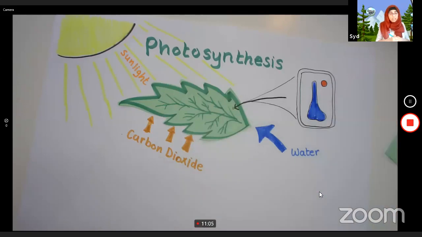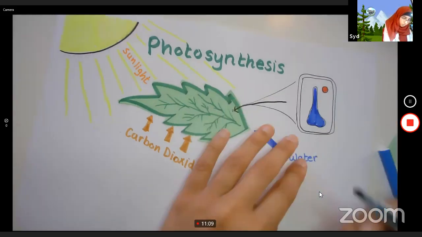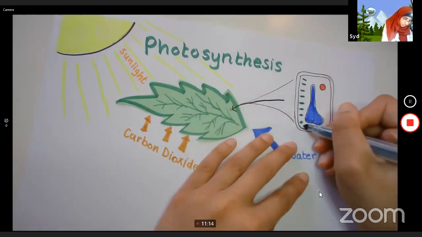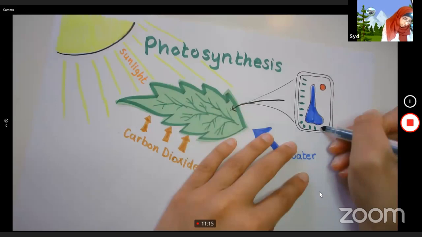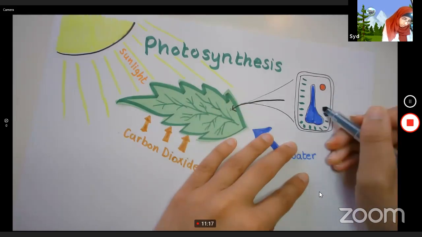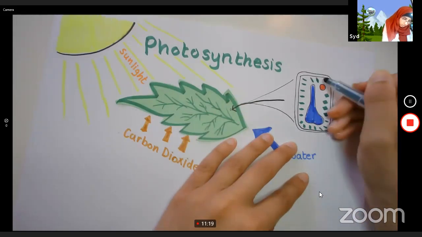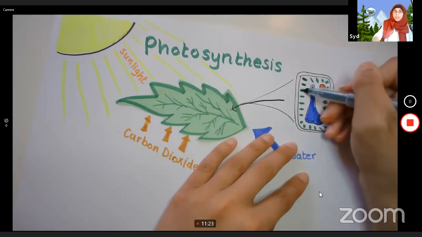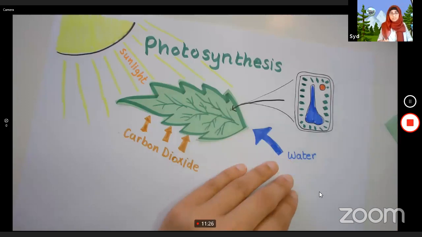Now inside, it looks like a big nose and an eye. So inside here, you've also got these little green bits all the way in that cell. Okay, I'm just going to make them thicker. Right, these are chloroplasts.